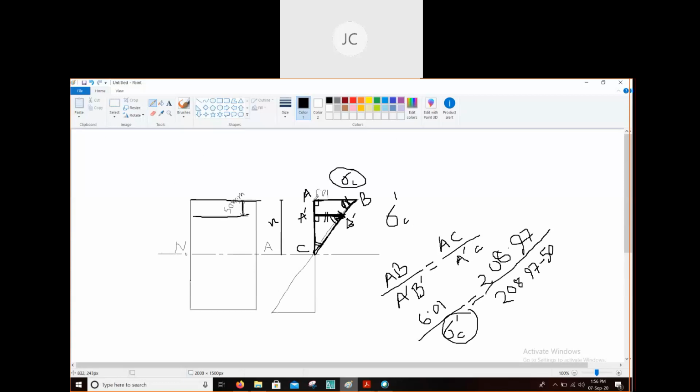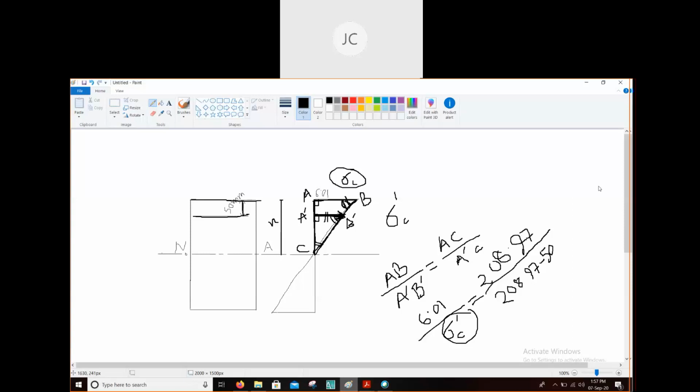If you take the side AB of the big triangle ABC, then you take the side A dash B dash from the small triangle. AB divided by A dash B dash equals AC from the big triangle divided by A dash C from the small triangle.